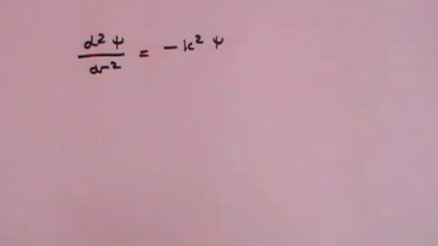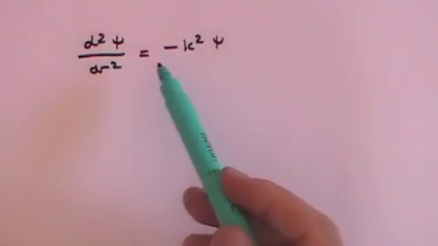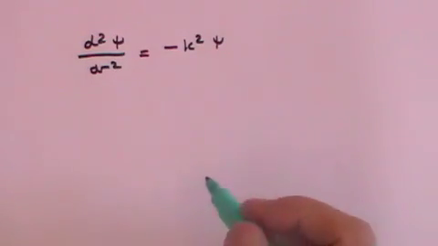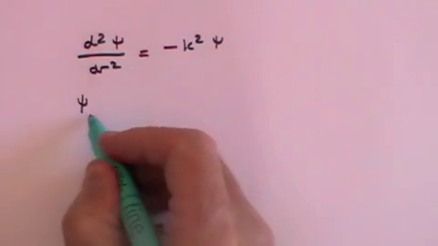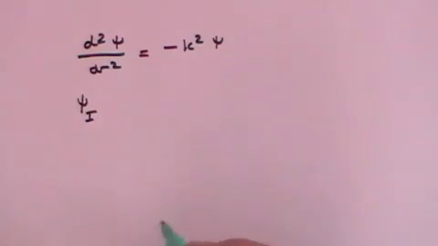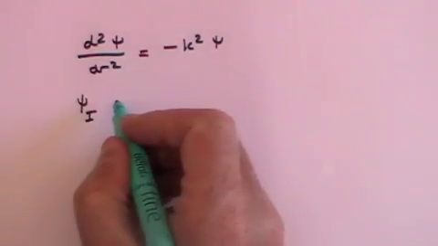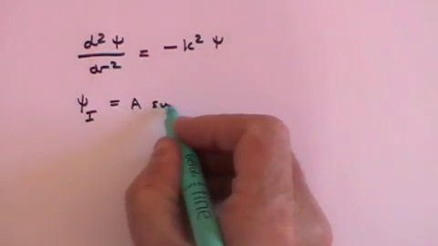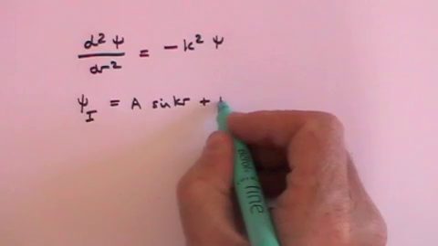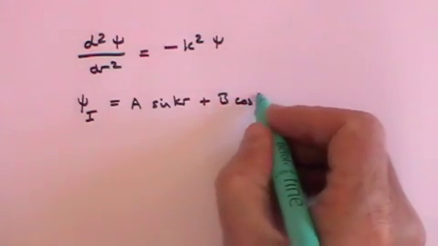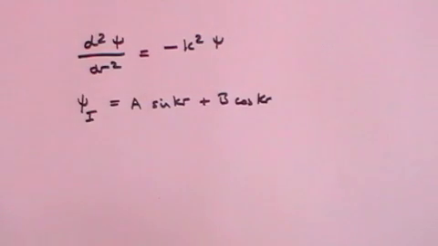So for our purposes, we had d2 psi by dr squared is minus k squared psi. And that means that psi inside the box, so it's psi in region 1, can be represented as A times sine kr plus B times cosine kr. That is the representation that will give you the oscillations.